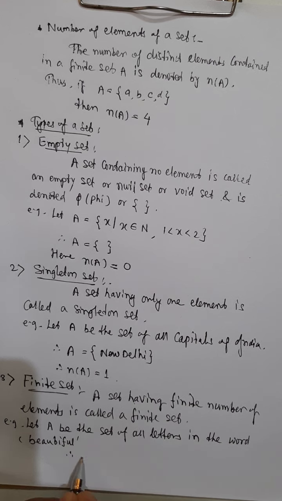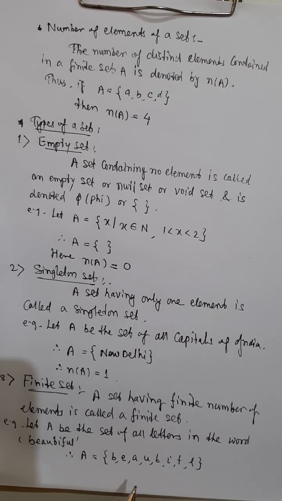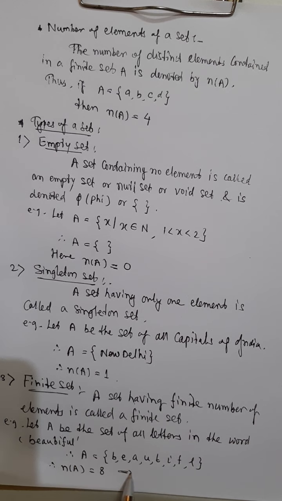Therefore, we take letters from the word beautiful: first B, then E, then A, then U, then T, then I, then F, then U already taken, and then L. Therefore we get n of A is equal to 8, and therefore A is a finite set.